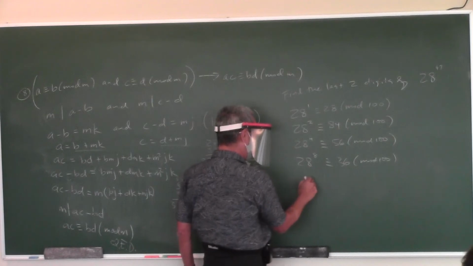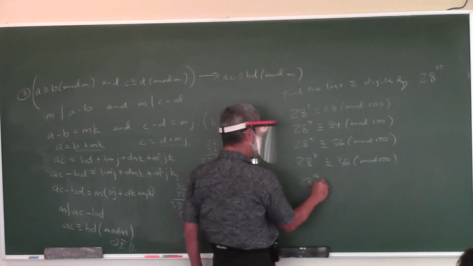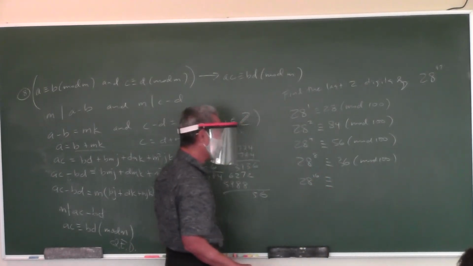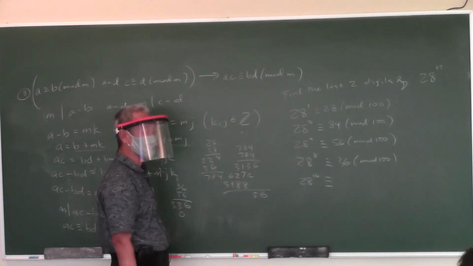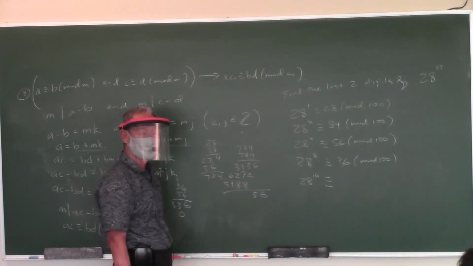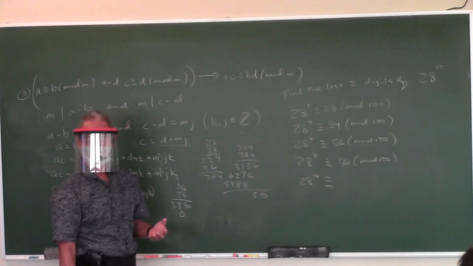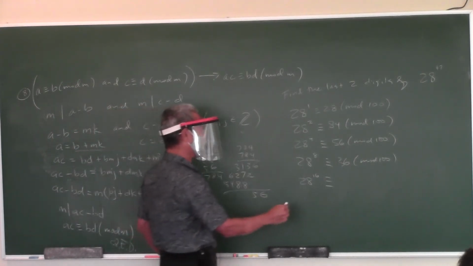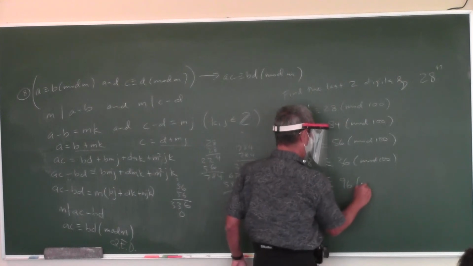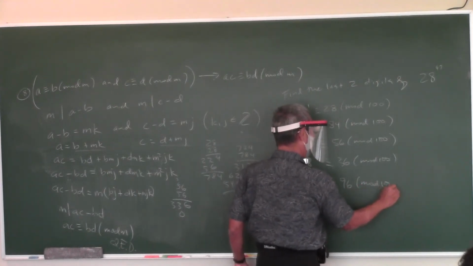Okay, then we square it again, so 28 to the 16th power is congruent to 36 times 36, but that one we know, right? 36 squared, isn't that 1296? Yes. So mod 100.